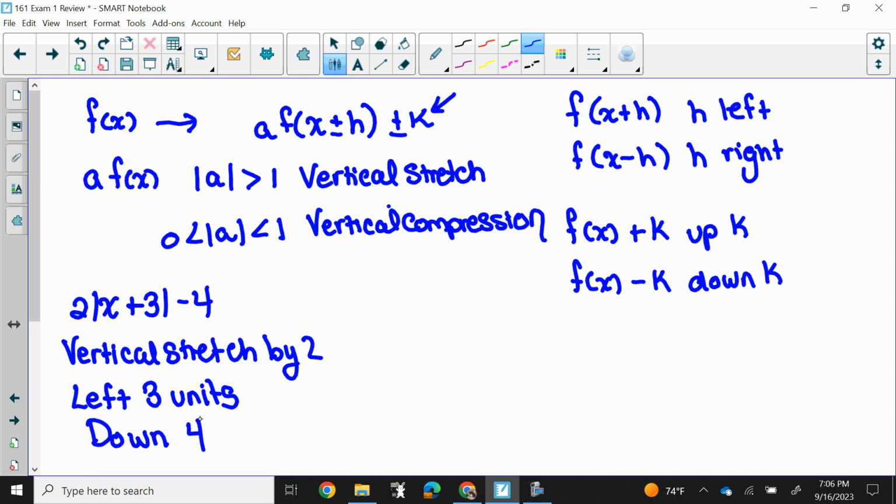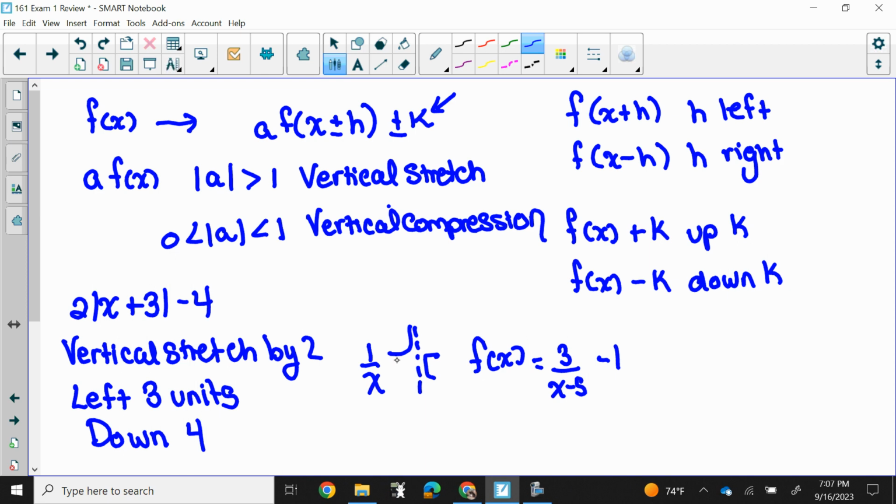Let me give you another example too, just so that you can see it. If I was given f of x is equal to 3 divided by x minus 5, this one's a little bit weirder because, remember, this is the rational function 1 over x, and it looks something like this. Boom, boom, right?